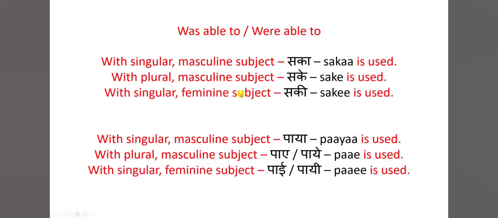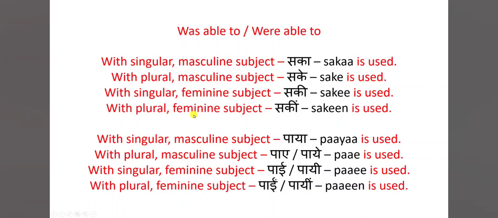With singular feminine subject, we use saki, saki or pai, pai. With plural feminine subject, we use saki, saki or pai, pai. Alright?